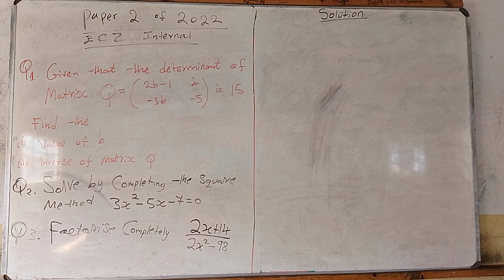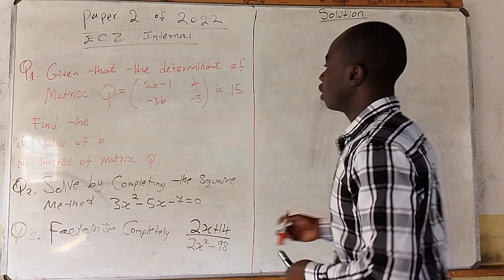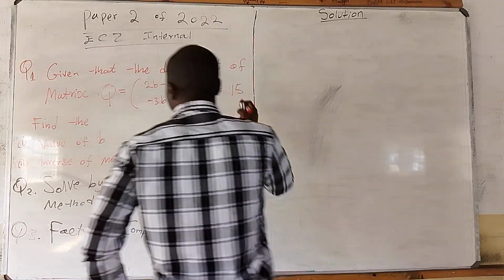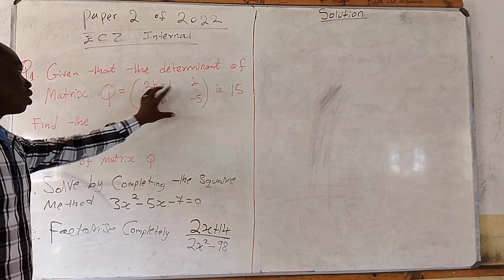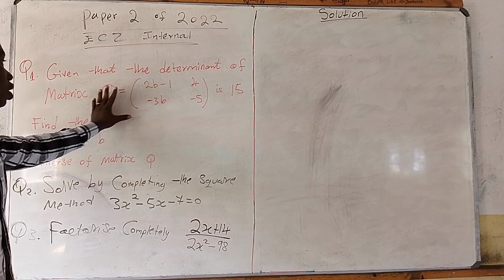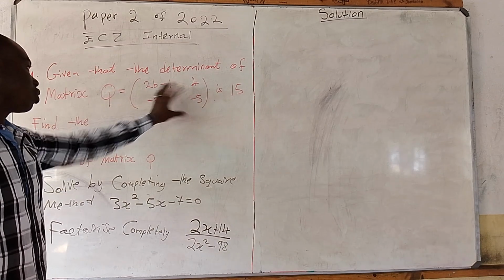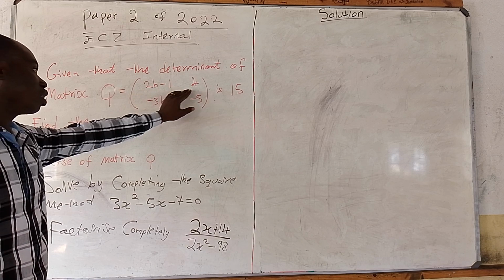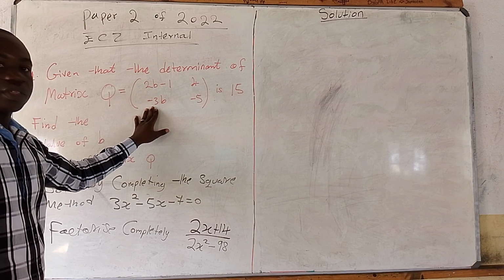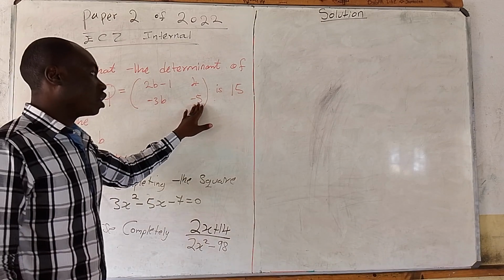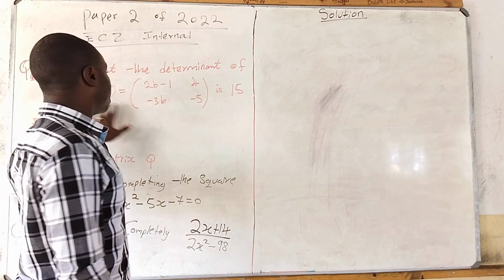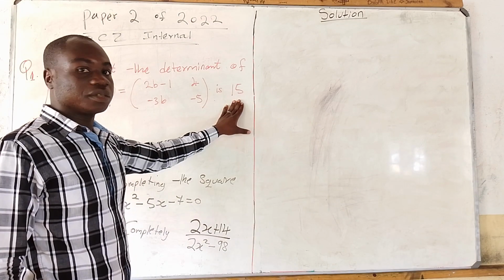Let's get started. So the first question we have is, given that the determinant of matrix Q is 15, where matrix Q is equal to 2b minus 1, 4, negative 3b, negative 5.